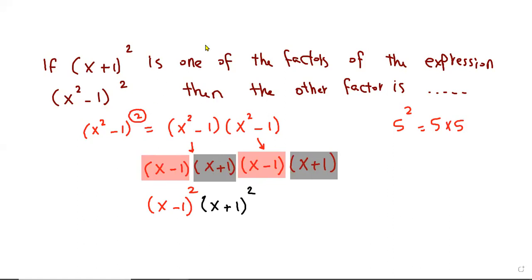So if x plus 1 to the power of 2 is one of the factors, the other factor is going to be x minus 1 to the power of 2. So we are going to write here x plus 1, here is x plus 1 all to the power of 2.